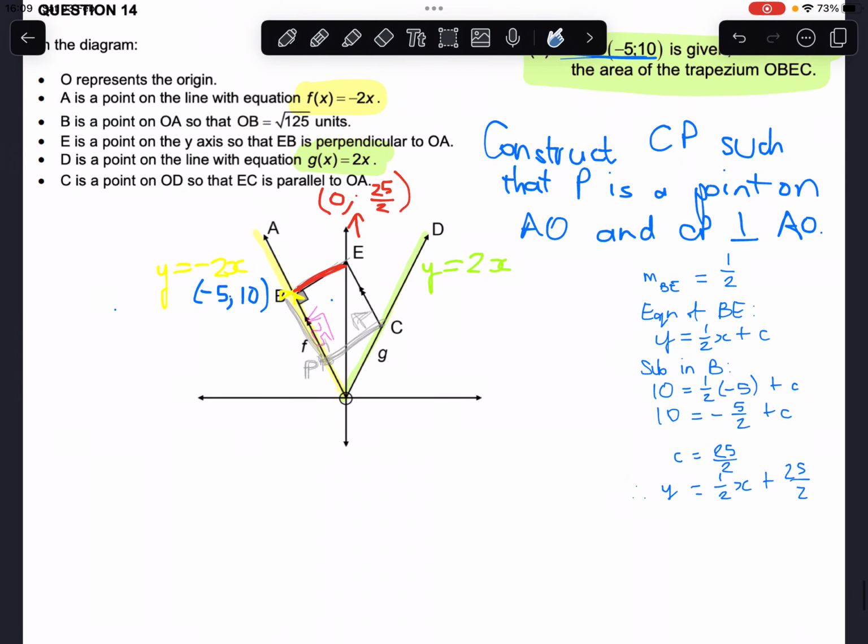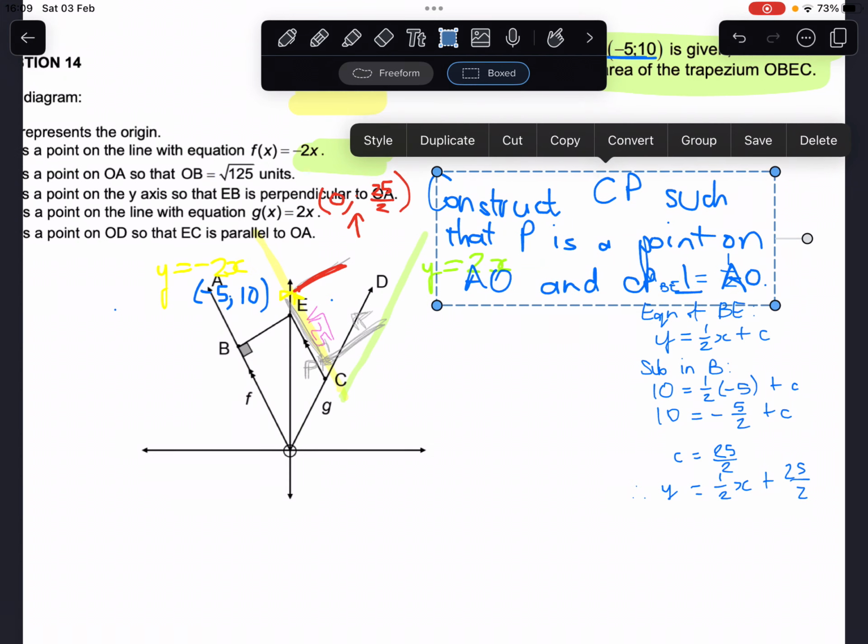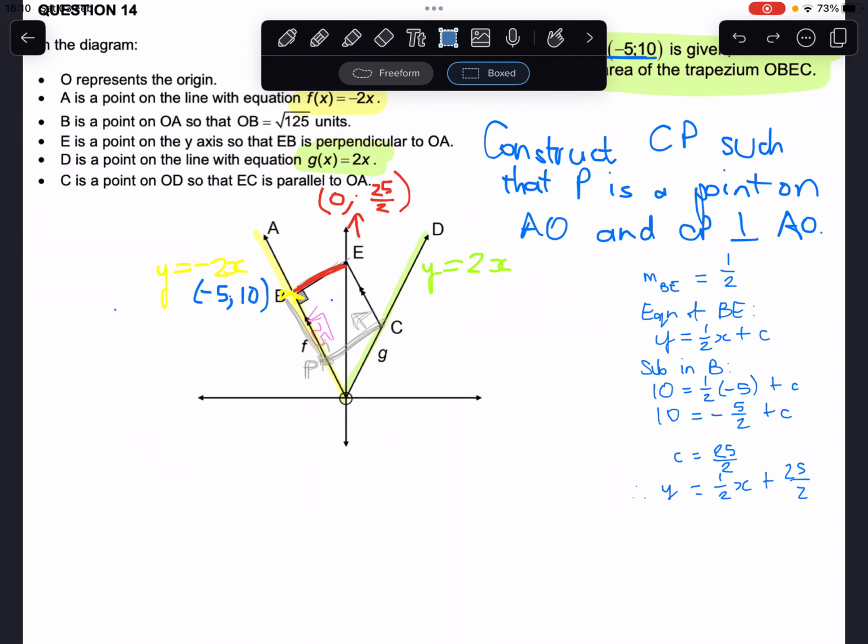Right, so we are now going to figure out the length of BE.